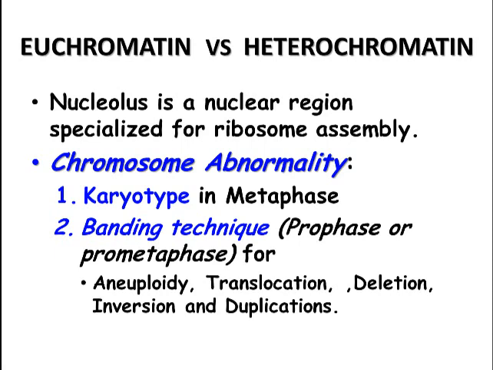Karyotype in metaphase, while banding in prophase or prometaphase. Banding is used for aneuploidy, translocation, deletion, inversion, and duplication. And certainly when we come to the part of genetic, at the end of biochem, we will talk about this much more than here.